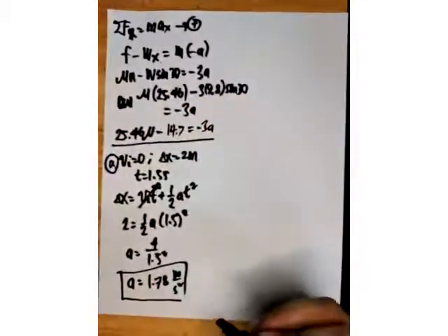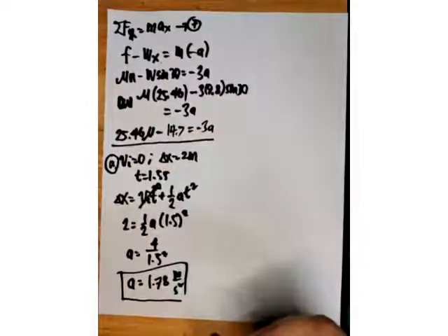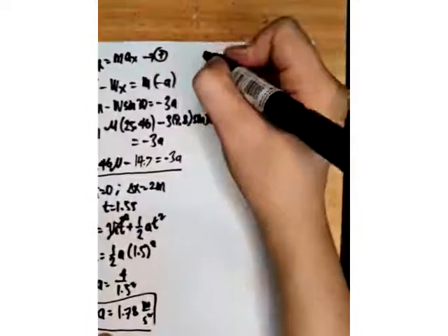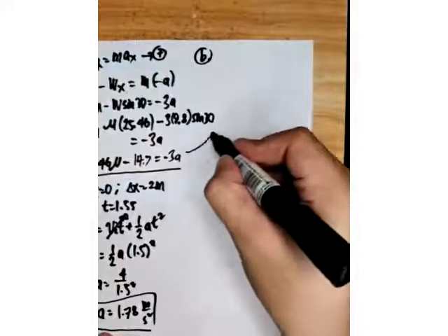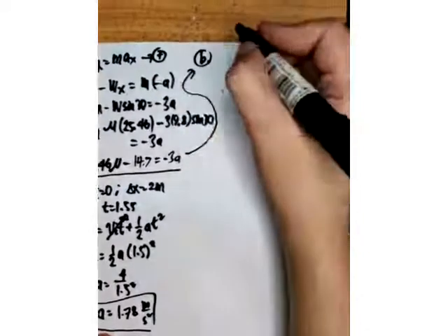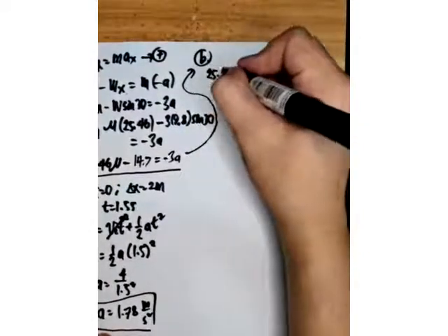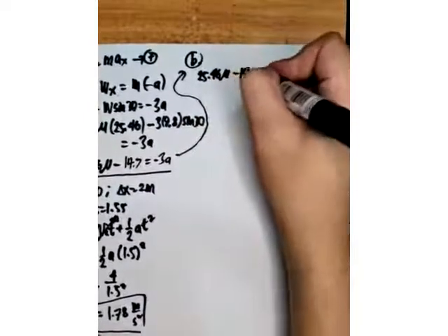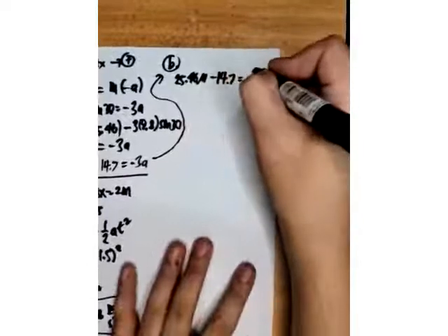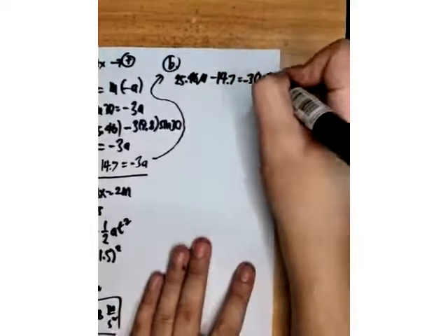Okay, my question? Okay, so letter B, what is the coefficient of friction? So therefore, sa B, we'll apply acceleration in this equation. So we'll have 25.46 mu minus 14.7 is equal to negative 3 times 1.78.